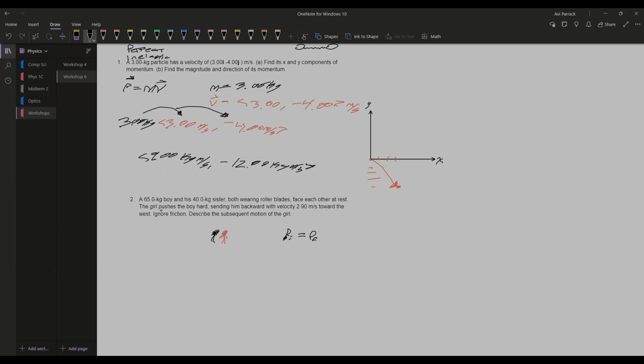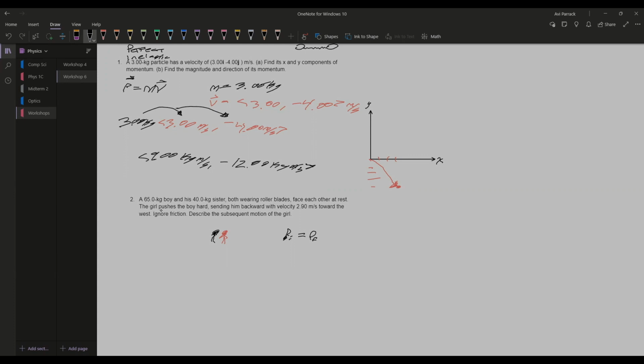So as the sister pushes her brother, his body pushes back on her. She comes into contact with maybe his chest, and his chest pushes back on her hands in turn. So the force goes forth and back, and the momentum needs to be conserved.